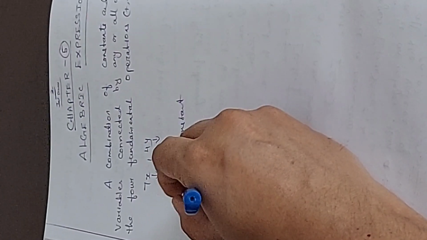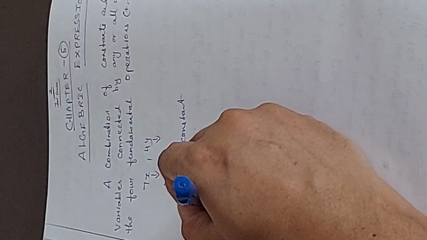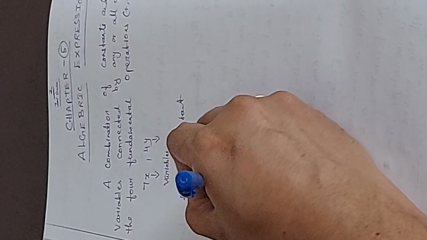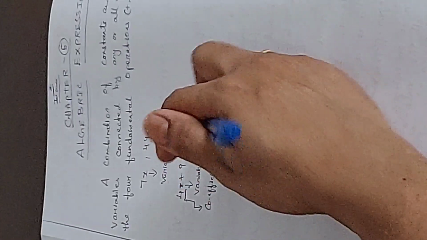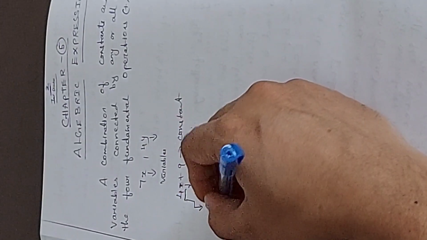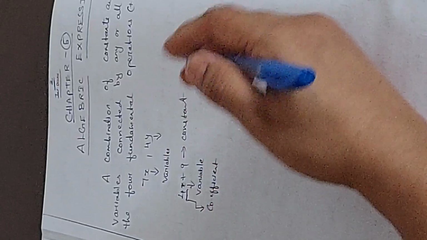And what is this 4? This 4 is called the coefficient of x. We have got only one variable here. Even we can make 2 or 3 variables with the operations of minus, plus or anything else.